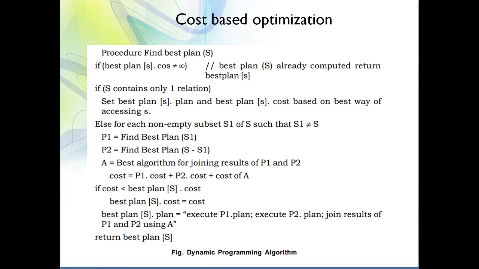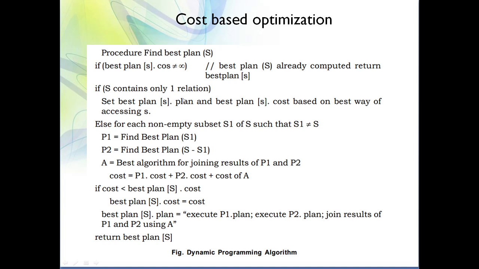And finally we need to find the best algorithm for joining the results of P1 and P2, because individually we have calculated the join of table T1 with T2 and T3 with T4. We are storing these in P1 and P2, but finally we need to combine both results, because ultimately in the final query we need the join of all 4 tables.